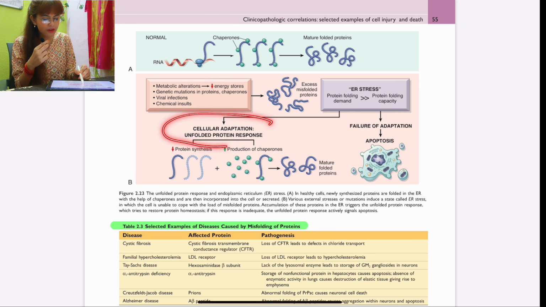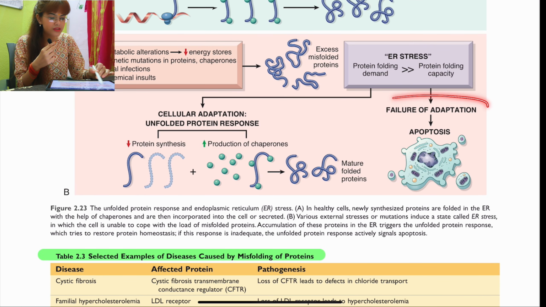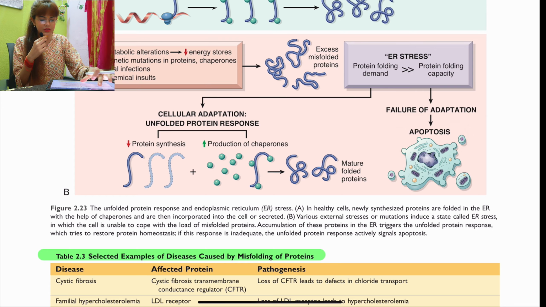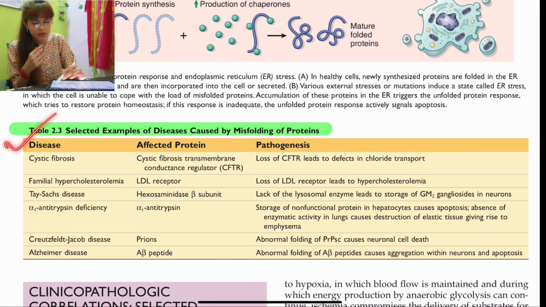First, there's some kind of adaptation happening by decreasing protein synthesis and by increasing the chaperones, which is the unfolded protein response, as I mentioned. But if this cannot take care enough, and there's failure of this adaptation process known as the UPR, then there's going to be apoptosis. I have just explained this before. So this is a very, very important chart.